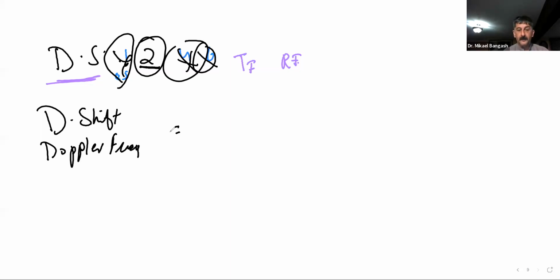Now the second factor that we had in our Doppler equation was the velocity of blood.